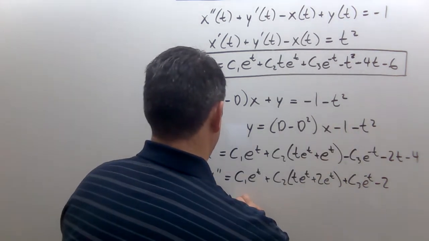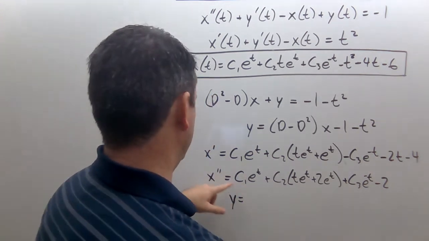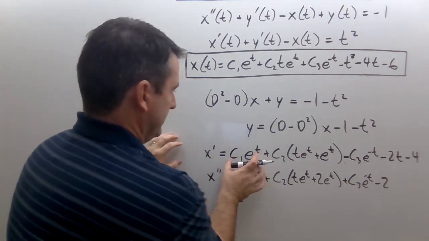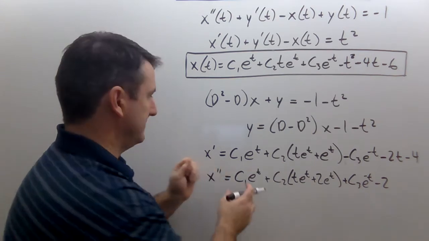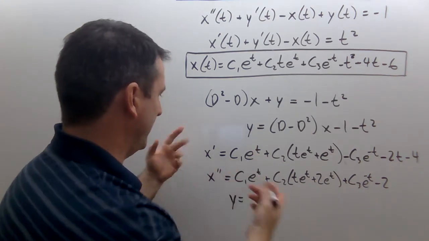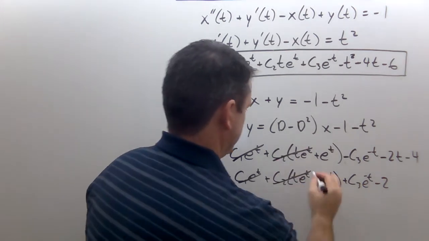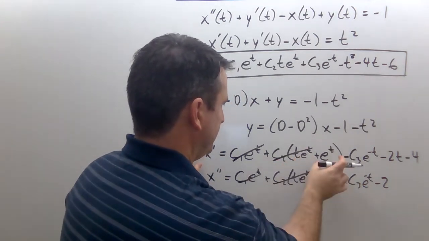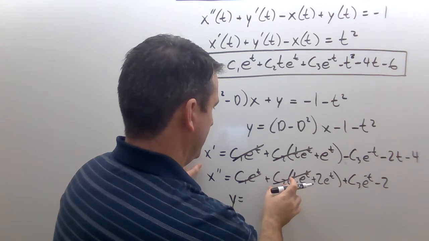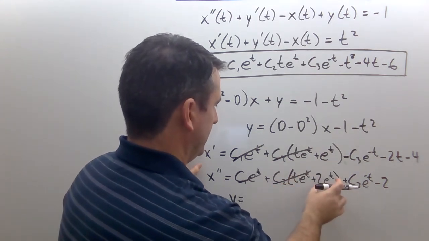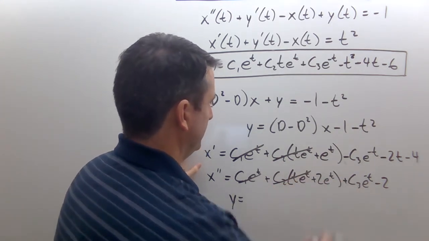So y is equal to, this minus this is going to subtract to 0. c1 e to the t minus c1 e to the t. Those are going to be eliminated. So will these. So we have c2 e to the t minus 2 c2 e to the t.